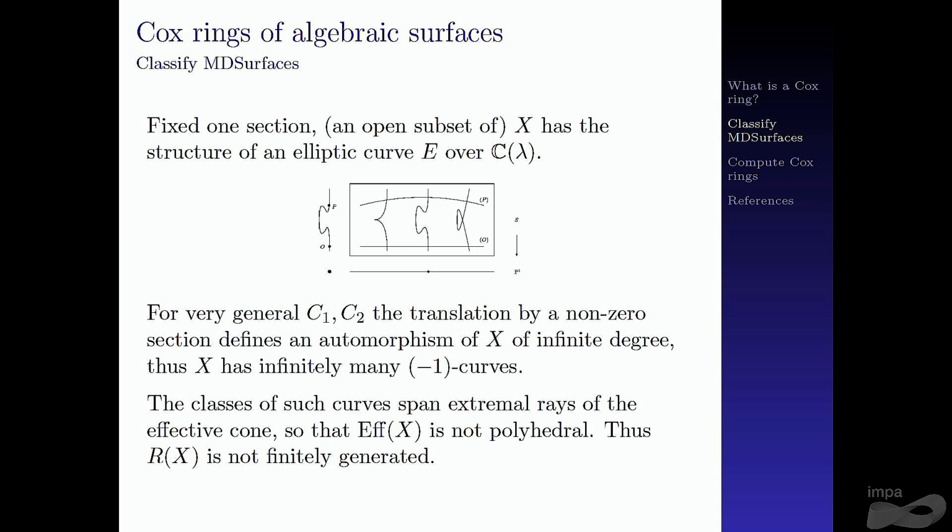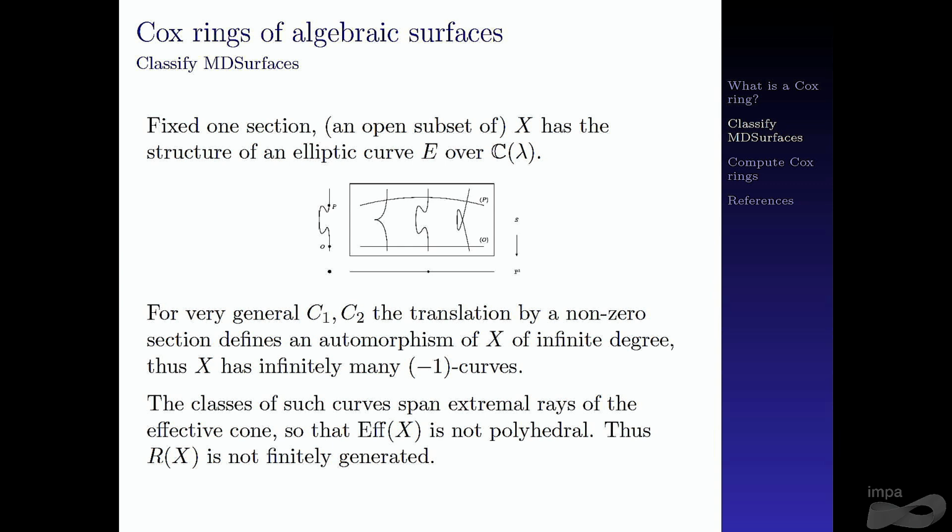If the initial cubics are sufficiently general, then if you take another section, this will define a rational point on this elliptic curve, which is not a torsion point. So if you take translation by that point, this defines an automorphism of infinite degree of the elliptic curve, and this can be proved to extend to the surface.